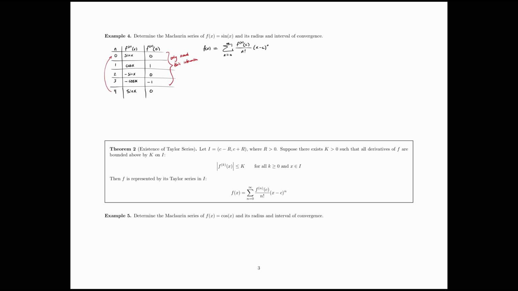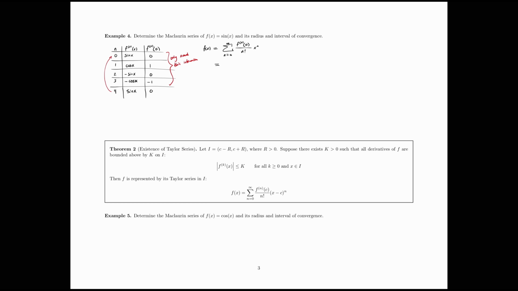If we make it a Maclaurin series, the center becomes 0, in which case we could just write x to the n. There we go. The values we're going to use for this numerator are 0, 1, 0, negative 1, repeat. So on and so forth.